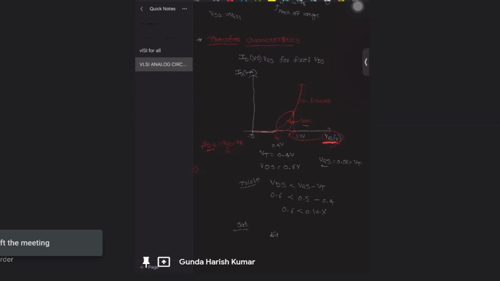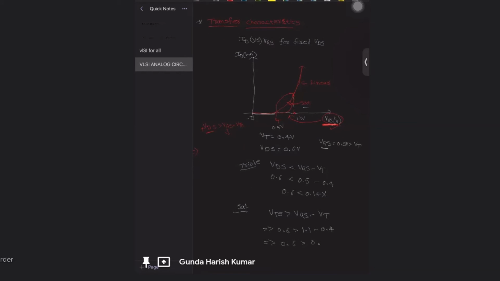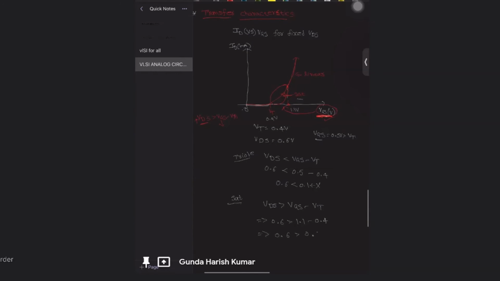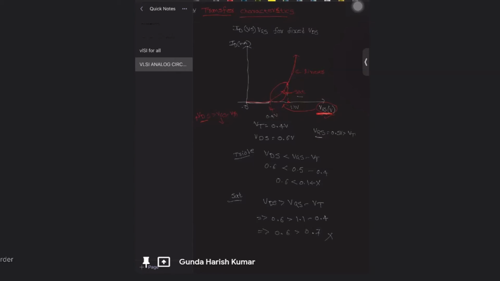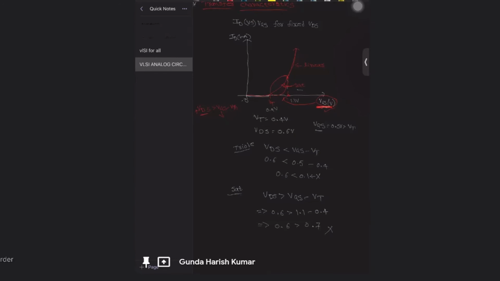Now for the saturation region, the condition is VDS greater than VGS minus VT. Now my VDS is 0.6, VGS is 1.1 minus 0.4, which is 0.7.